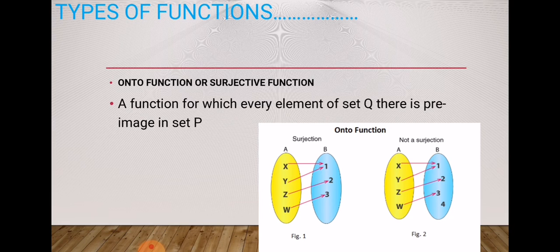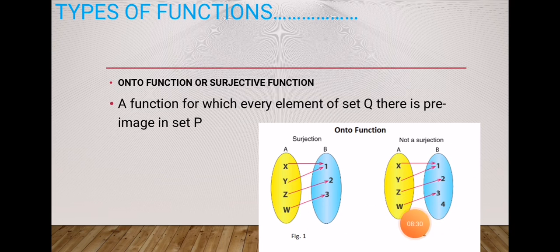If there are 4 values in x or set A and 3 values in B, as I have shown in this picture, an onto function is one in which for every element of Q there is a pre-image in set P. So, if there are 3 or 4 images in B, every image is associated with one or two images in A. It means that there is no image left behind in B. I have explained it clearly, and this one is not surjective.